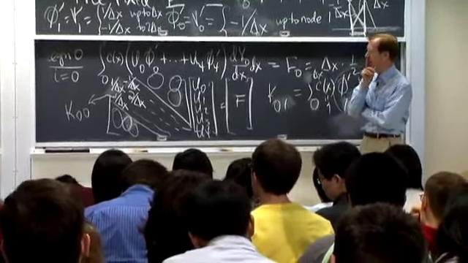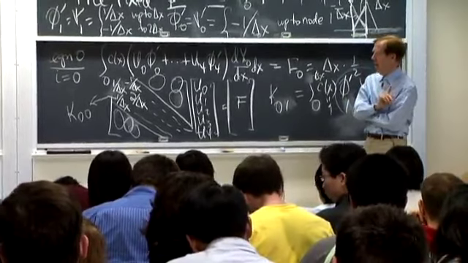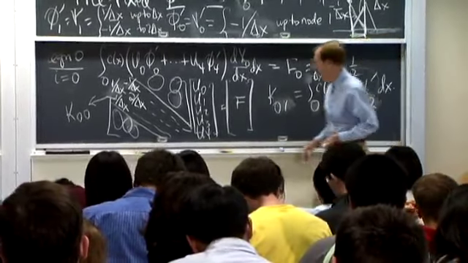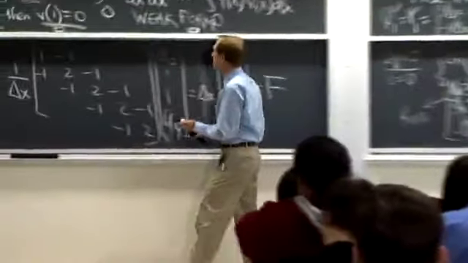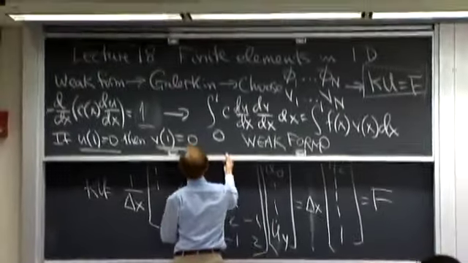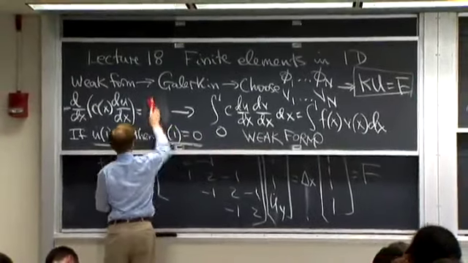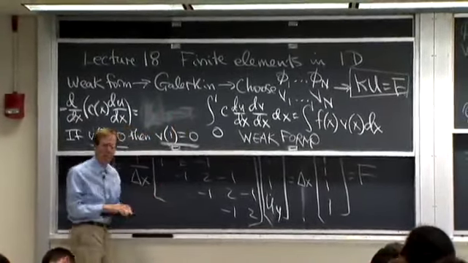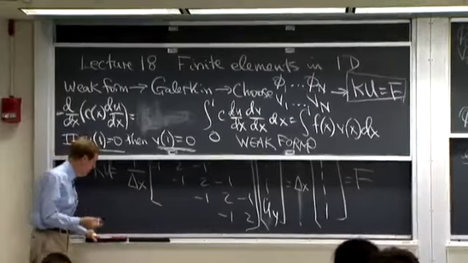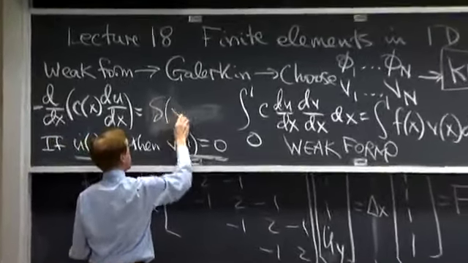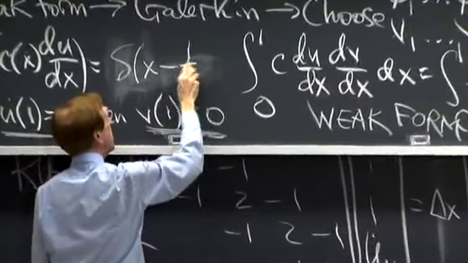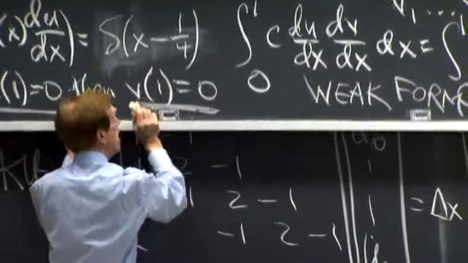Let me take our other favorite model problem. What would be the right side if my vector, instead of being 1, was my other favorite choice? Delta. Let me take delta at x minus a quarter first.